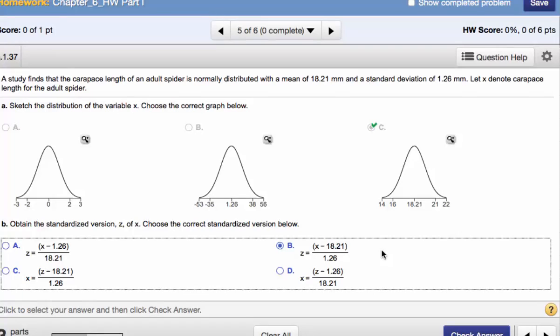So doing x minus mu over the standard deviation takes any distribution and standardizes it to the standard normal distribution of the variable z.